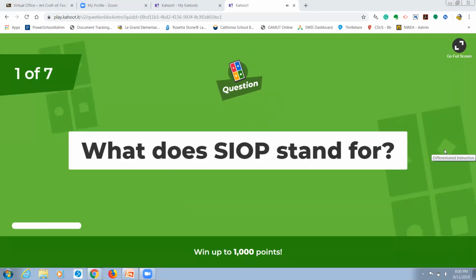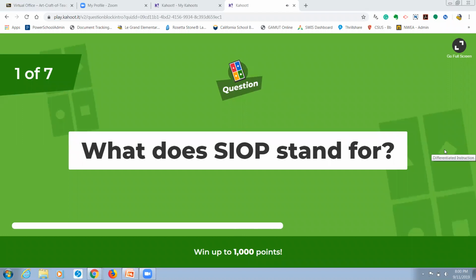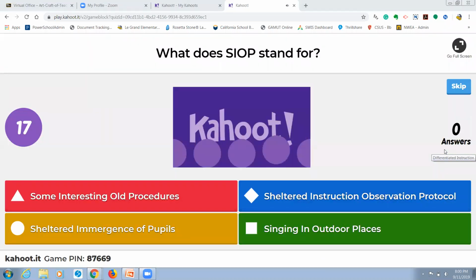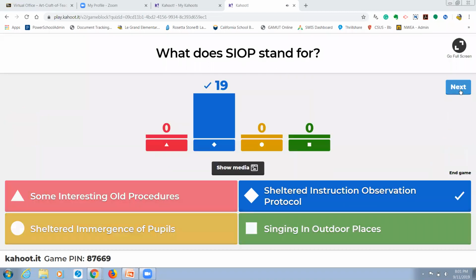Number 1, what does SIOP stand for? Sheltered Instruction Observation Protocol.